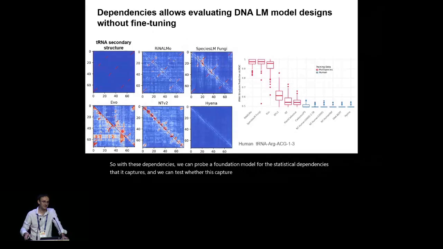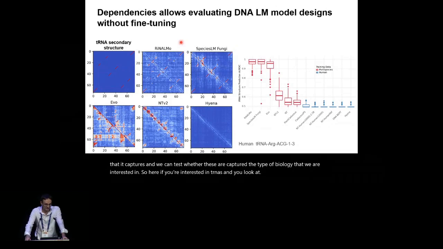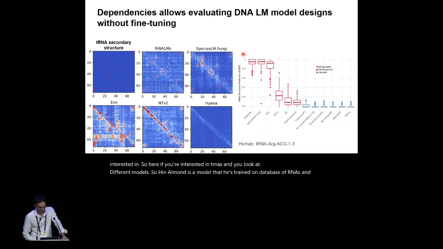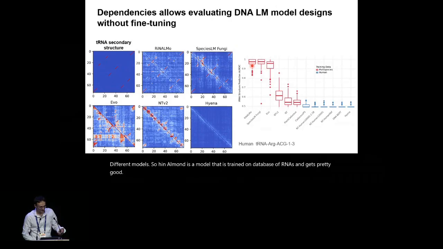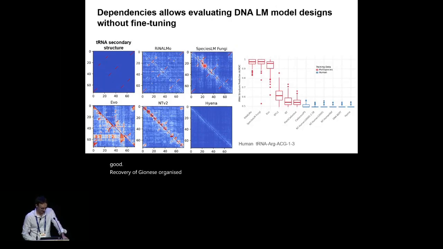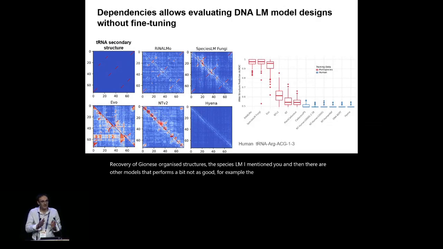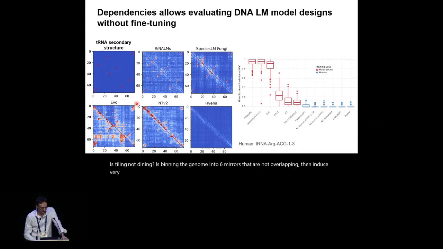So here, if you're interested in tRNAs and you look at different models, RiNALMo is a model that is trained on a database of RNAs and gets pretty good recovery of tRNA secondary structures, as does the species LM I mentioned. And then there are other models that perform a bit less well. For example, the nucleotide transformer is binning the genome into 6-mers that are not overlapping, and that induces very strong dependencies between the bases within each of these blocks.